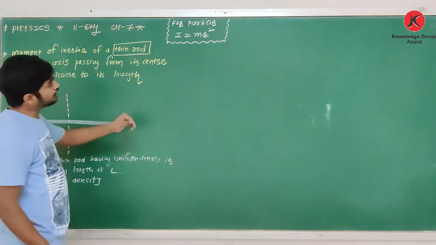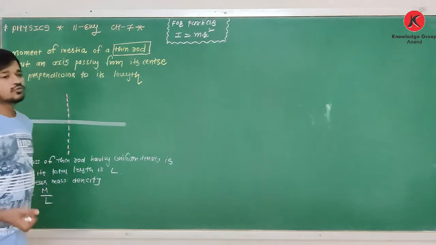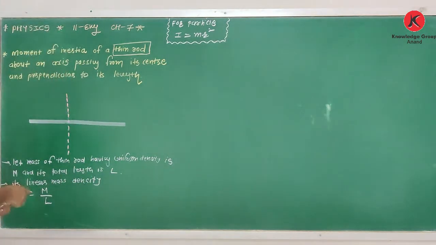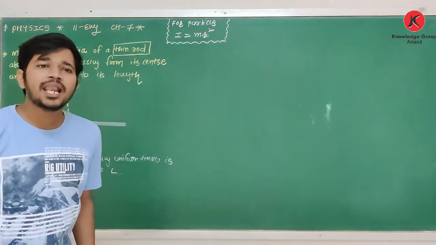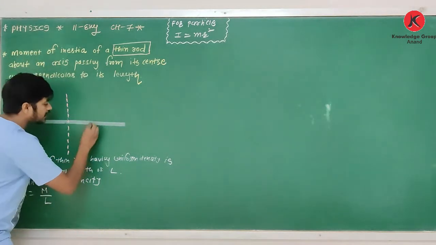Now, for moment of inertia we know only the equation of a particle. Then for this thin rod, how do we find it? We can assume that this thin rod is made up of very small elements. One element I am taking here.